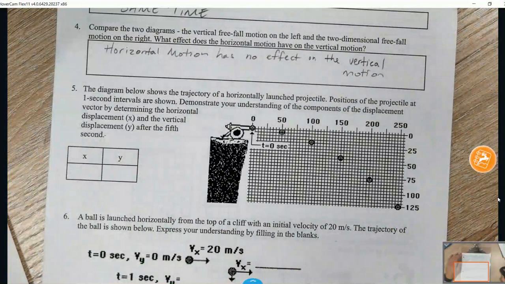The diagram below shows the trajectory of a horizontally launched projectile. Positions of the projectile at 1 second intervals are shown. Demonstrate your understanding of the components of the displacement vector by determining the horizontal displacement and the vertical displacement after the 5th second.